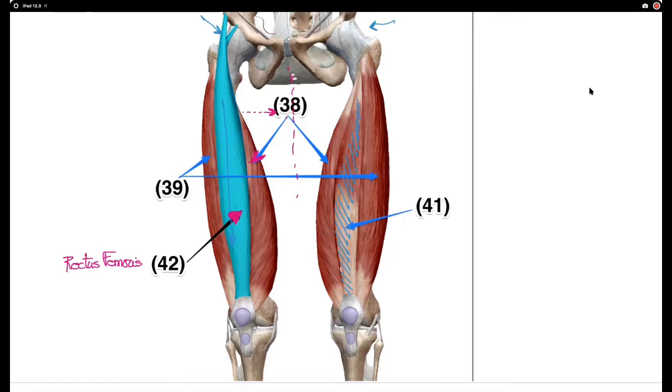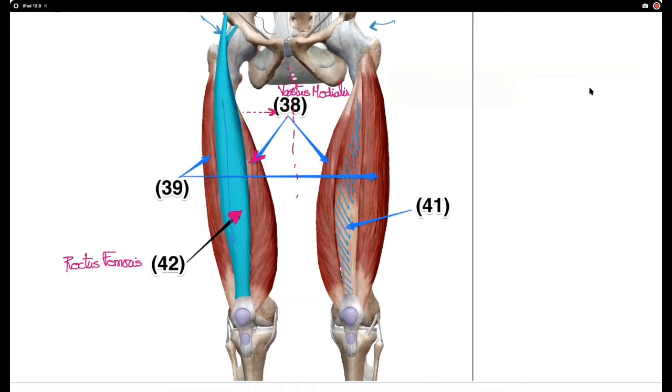So what do we call it? What do you think? Vastus, large. And as I'm located on the medial side towards the midline, I call it medialis.